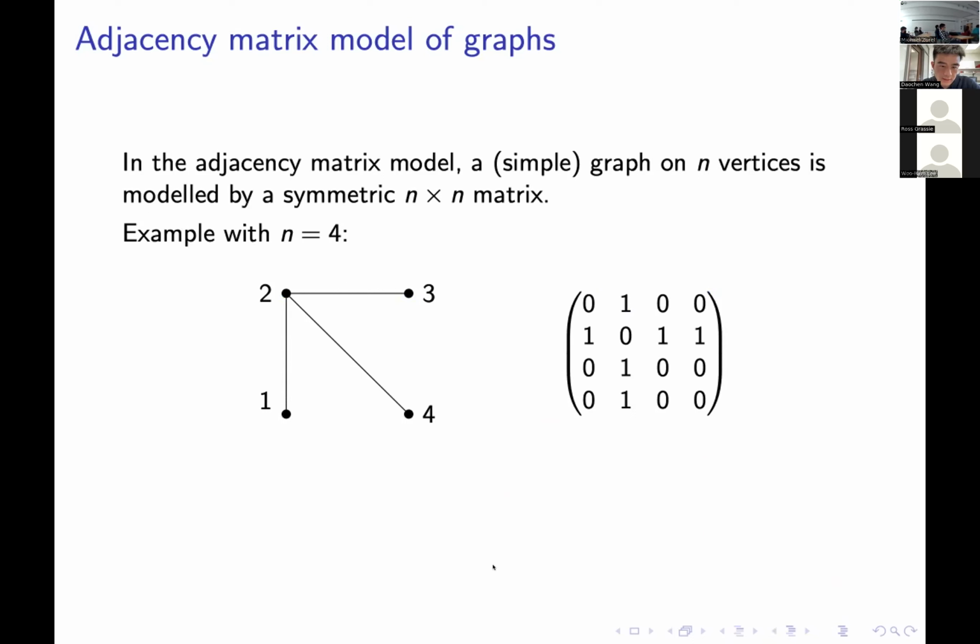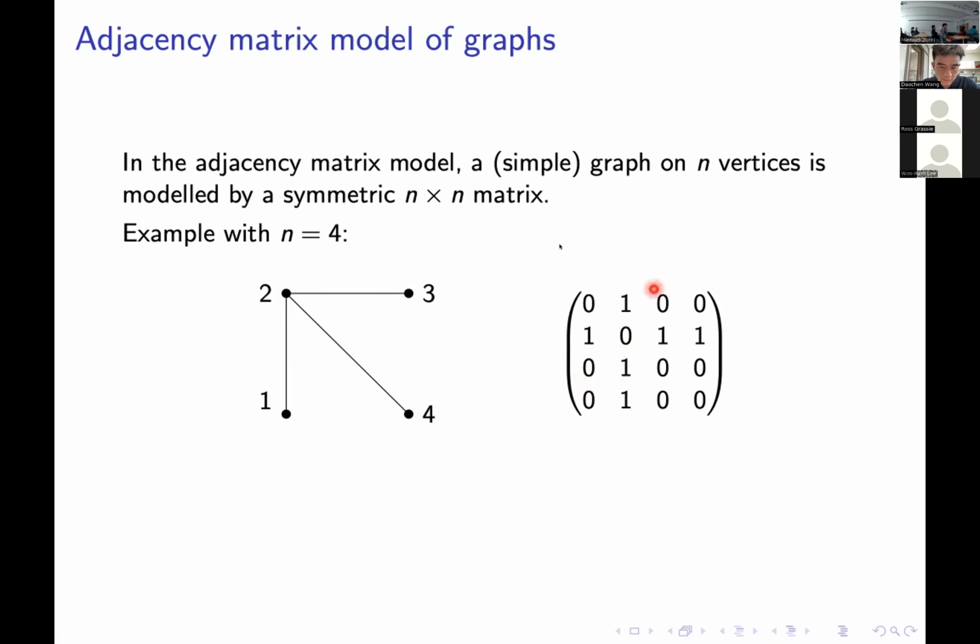Basically, the ijth entry in the matrix indicates the presence or absence of the edge ij. So let's just do one example. This entry, row 3, column 2, has a 1 in it because the edge 2, 3 is present.